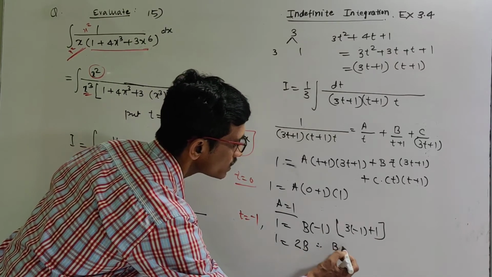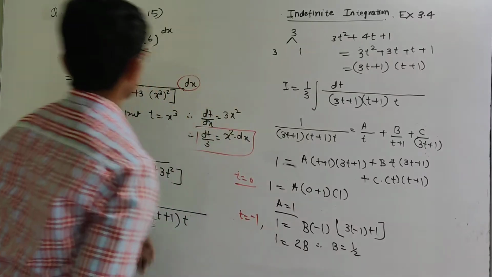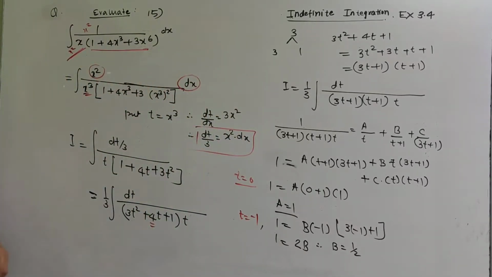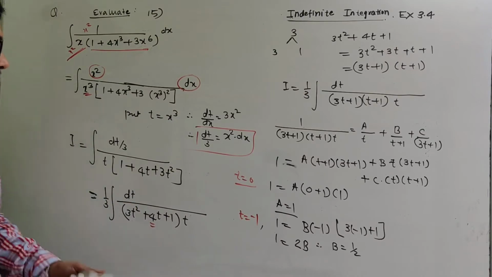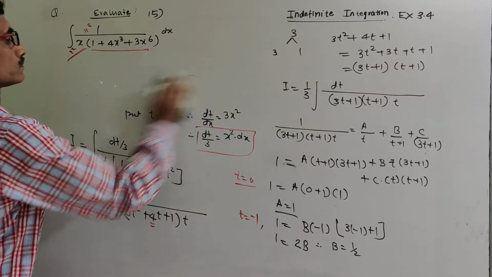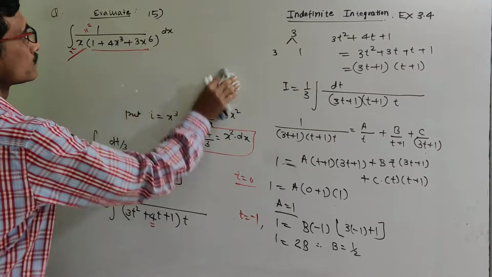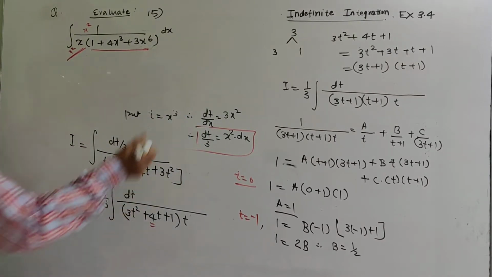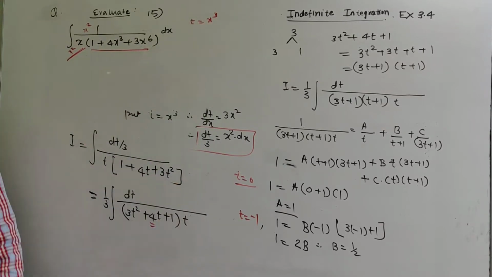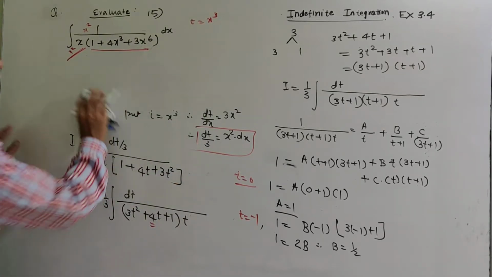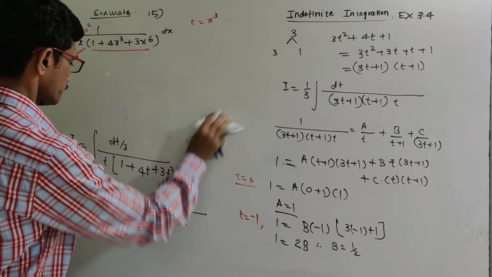Therefore, you will get b is equal to 1 by 2. We are getting b is equal to 1 by 2. Now we find c. To get c, our substitution t is equal to x cube over here. This is to remember, t is equal to x cube, we substitute.